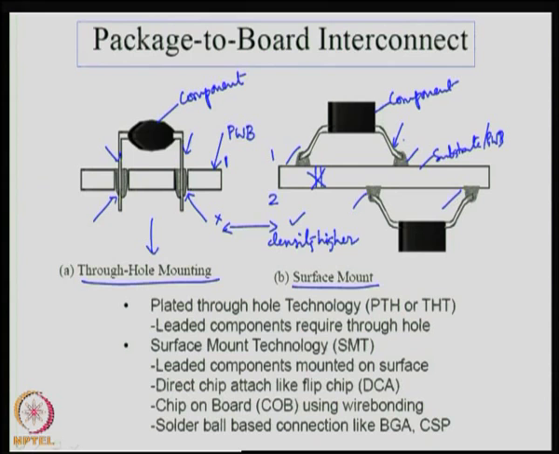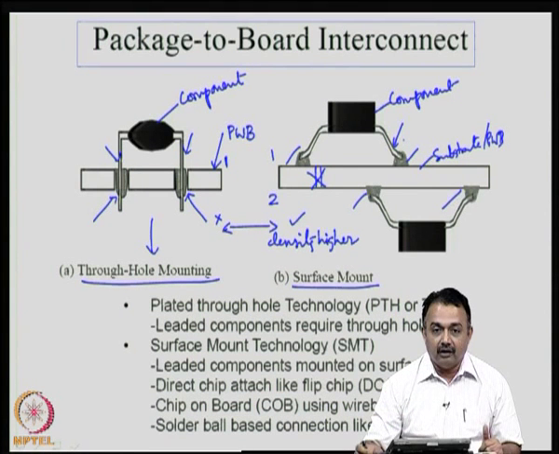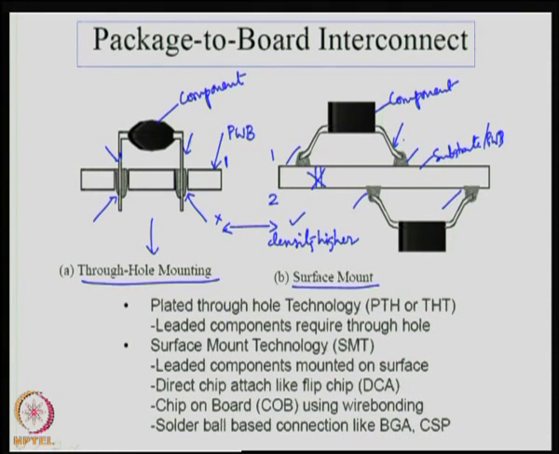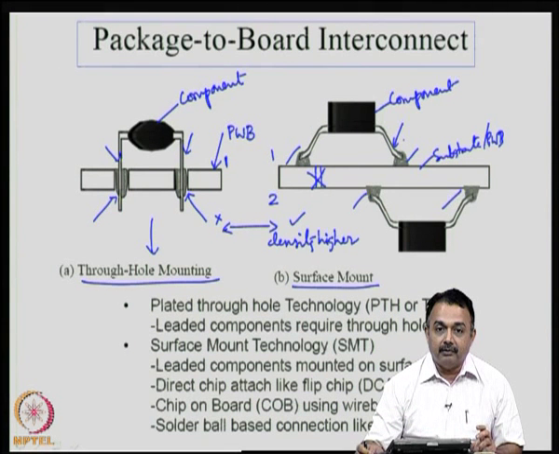Chip on board, that is a bare die with its face up on the substrate, requires wire bonding to be done on the substrate, and solder ball connection is done for BGA and CSP, and these BGA and CSP components can be mounted onto the substrate.